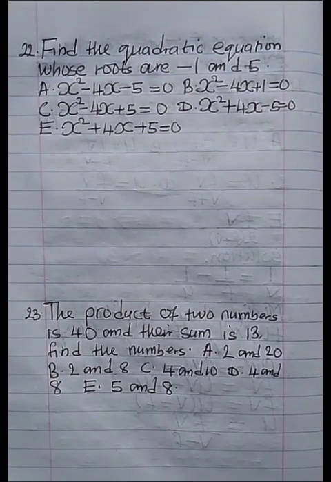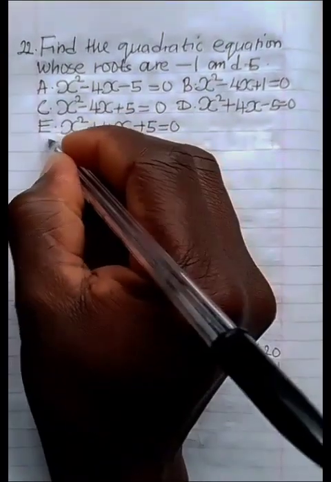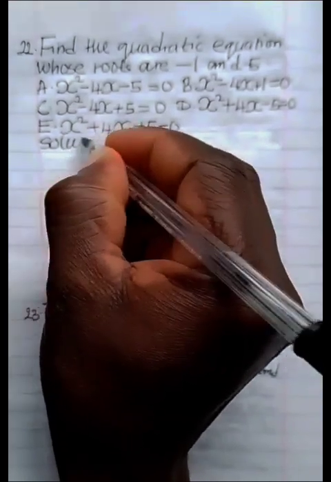Question 22. Find the quadratic equation whose roots are minus 1 and 5. Solution.